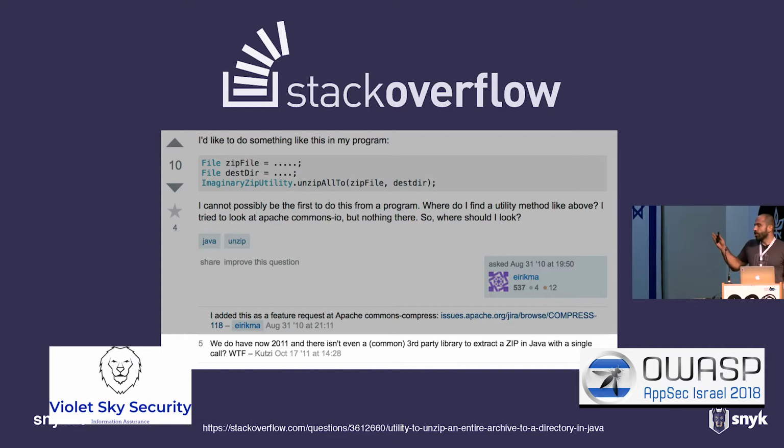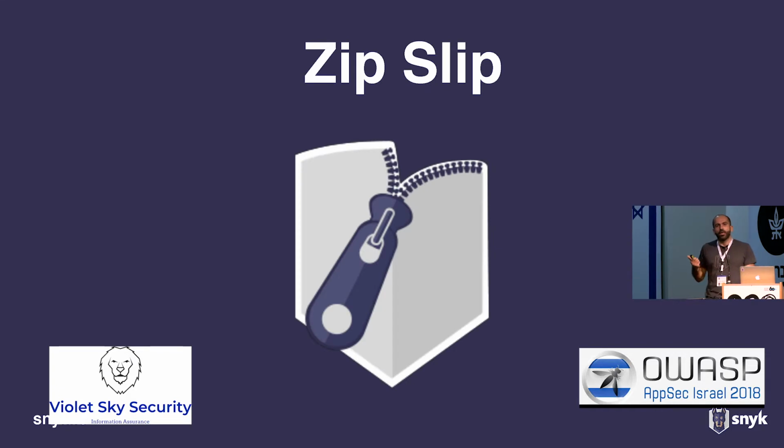So when we found all these issues, we had about 10 vulnerable libraries across different ecosystems and languages. We had several hundreds of open source projects that had the same issue, not because they used the vulnerable libraries. That's a different kind of issue. Shameless plug here, Snyk helps with that.